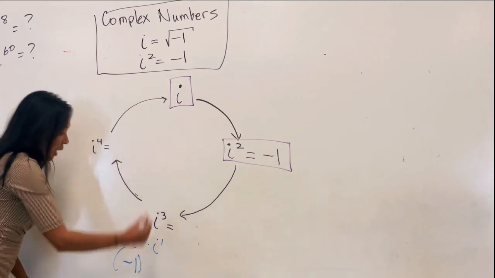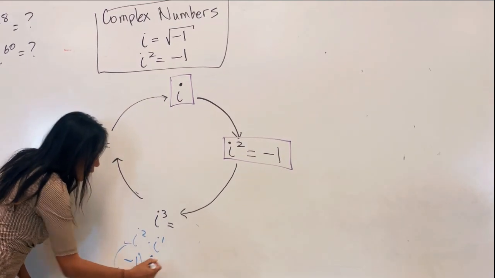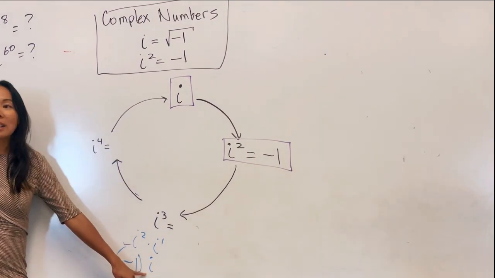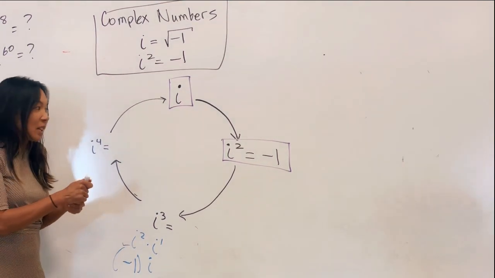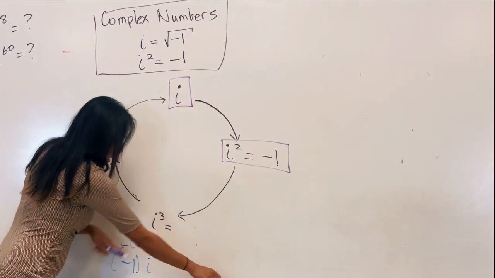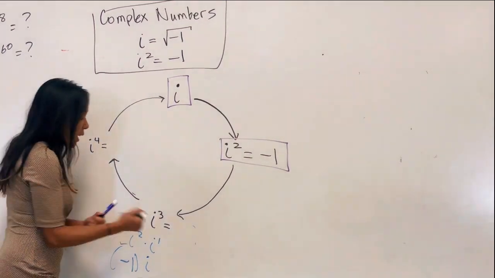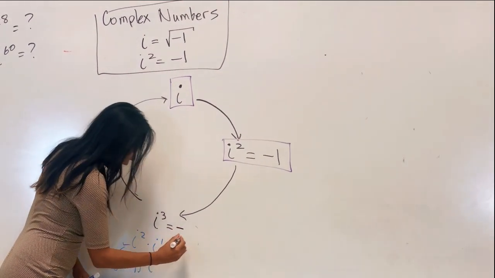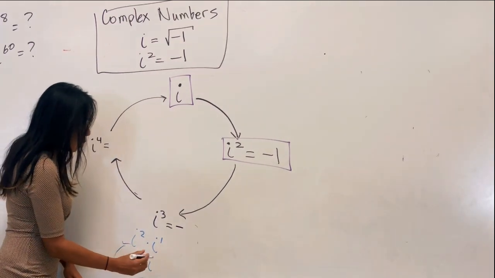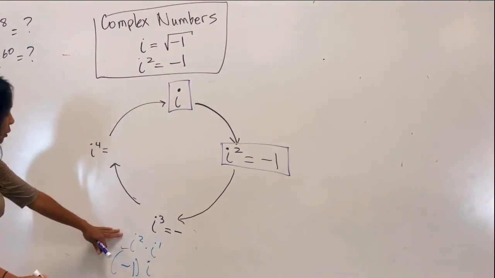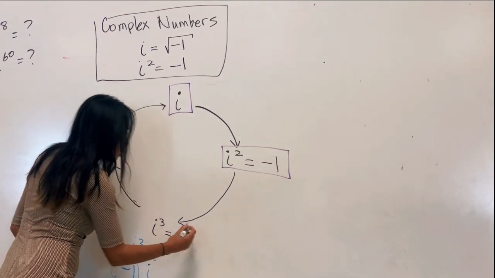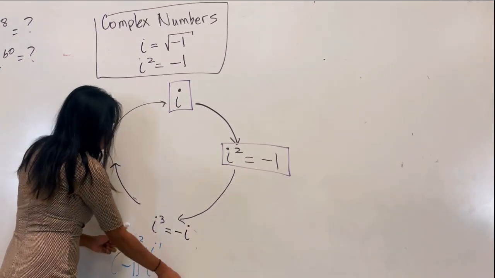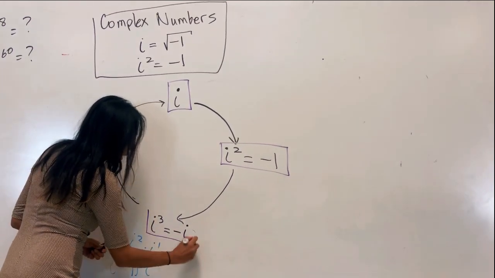And i is just i. So what's -1 times i? -1i, or just -i. So i to the 3rd is equivalent to -i.